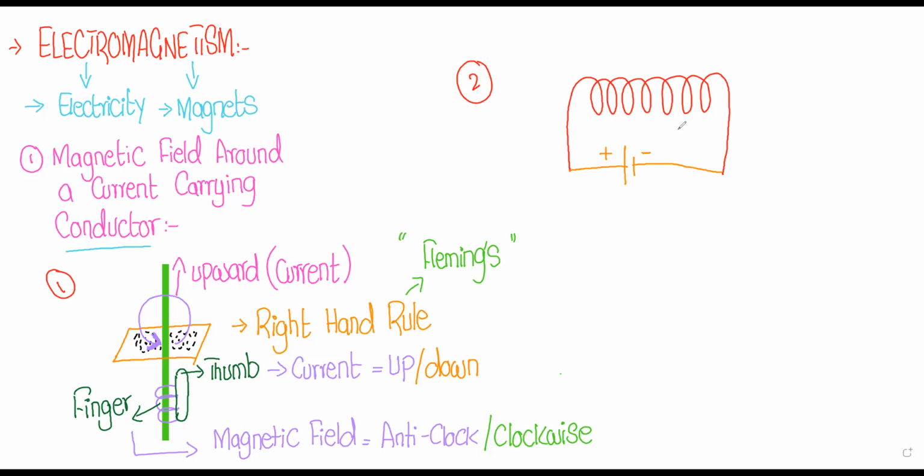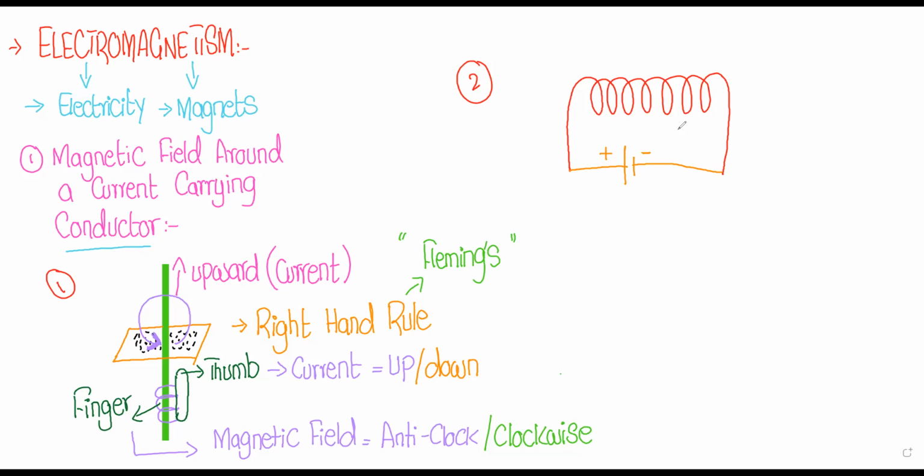We need to hold the wire in a different manner, because now there is not a single direction of electric current. So that's why you need to change the orientation. How can we change the orientation? We can change it like this.